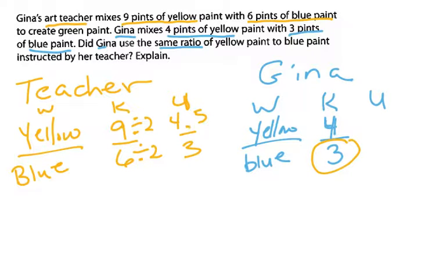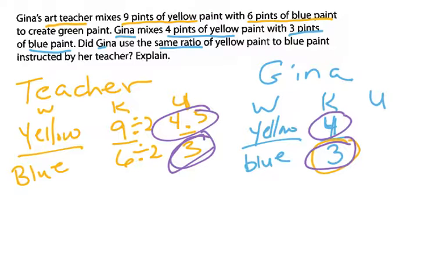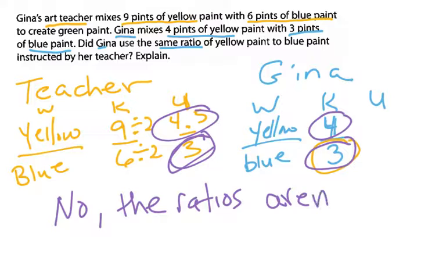So now we have equal denominators, right? And now I need to check those numerators. Are they the same? And the answer there is no. The ratios aren't equivalent.